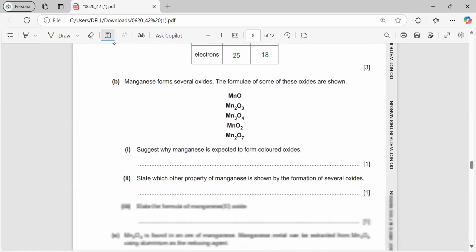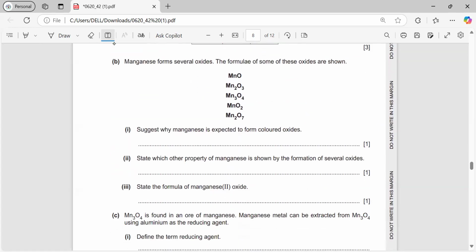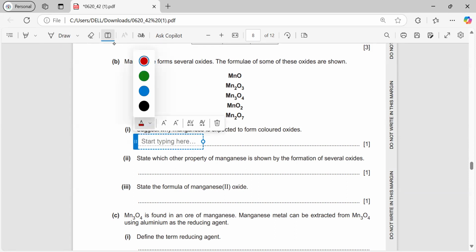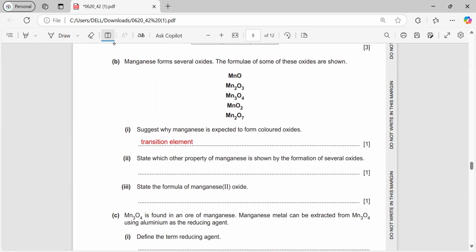Next, manganese forms several oxides. The formulas of some of the oxides are shown. Suggest why manganese is expected to form colored oxides. Very simple. Manganese forms colored oxides because it's a transition element. State which other property of manganese is shown by the formation of several oxides.